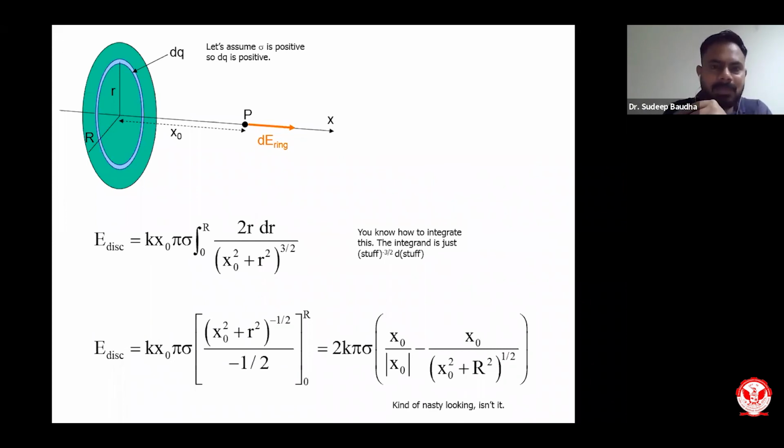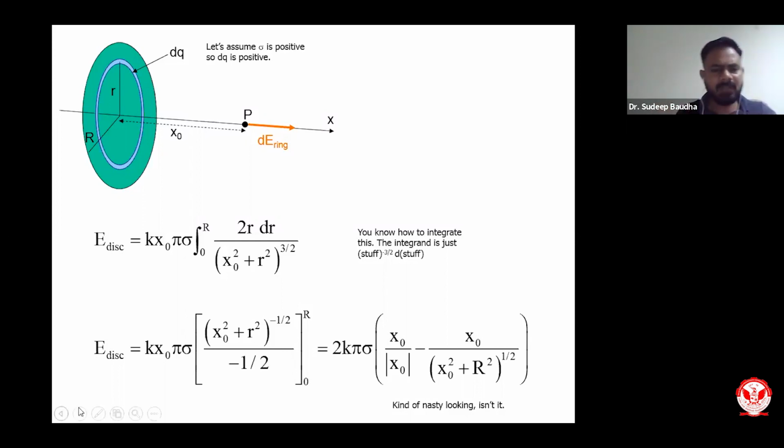I won't go into the classic mathematics because it takes much time to integrate, differentiate, and put in the limits. But the concept is very simple. I know how to derive the electric field at a point because of a ring. Now this idea can be extended to find the electric field because of the entire disk, by simply integrating the ring result from 0 to r.